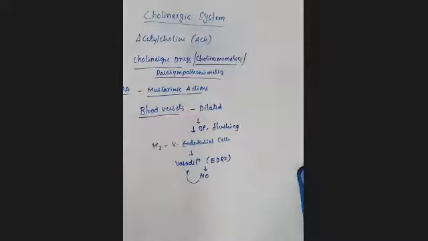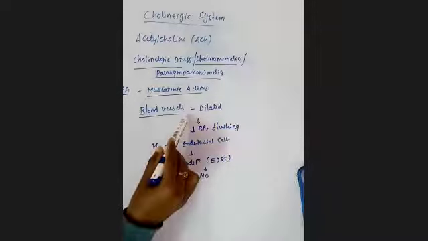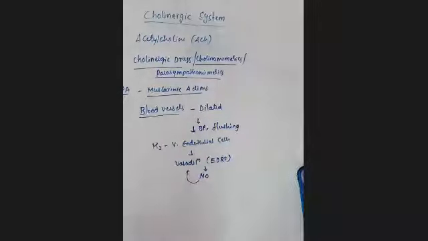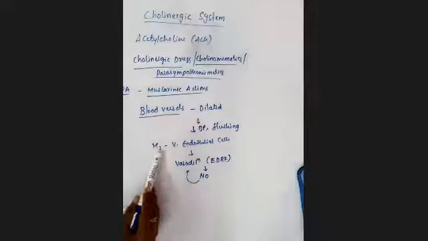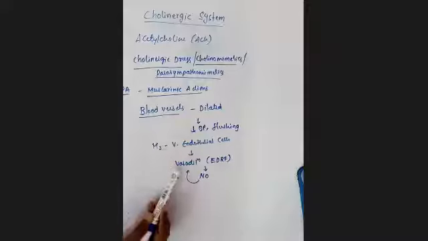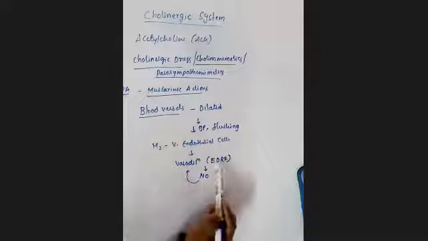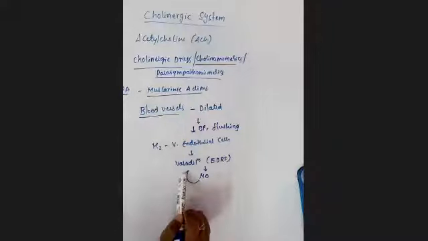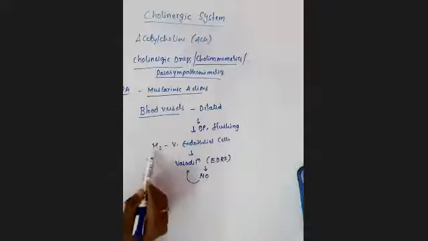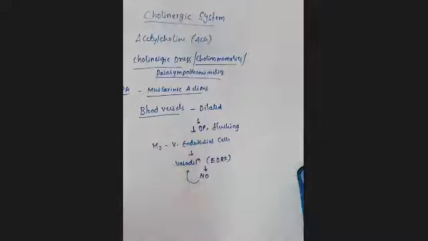But the dilation of blood vessels through the M2 muscarinic receptors is a direct effect. With the involvement of M3 receptors also, the blood vessels are going to be dilated, not because of a direct effect, but through this endothelium dependent relaxing factor. This factor releases nitric oxide, so that you may observe this kind of vasodilation whenever there is an involvement of M3 receptors.